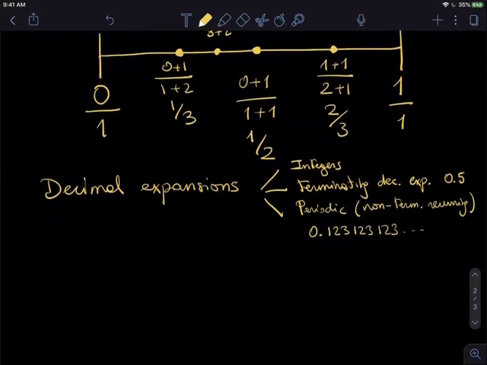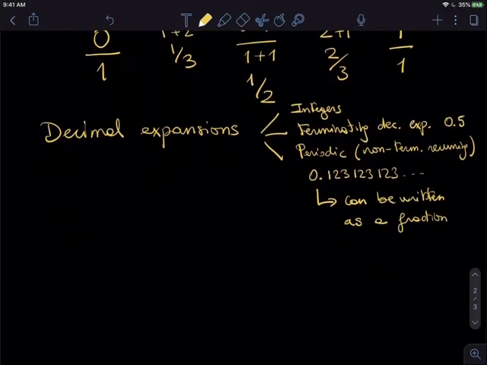So in Calculus 2, we learn how to write this as a fraction. But then here we run into a problem.